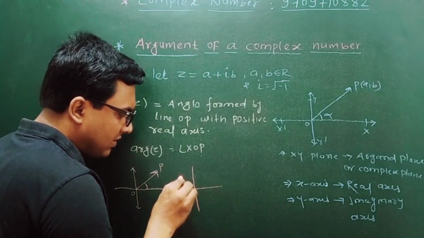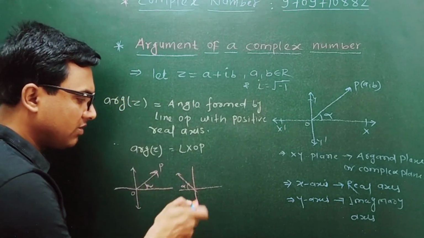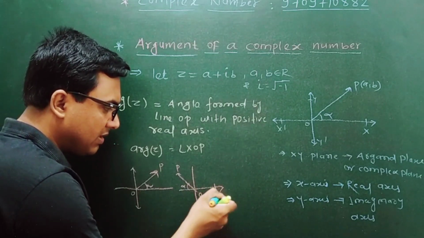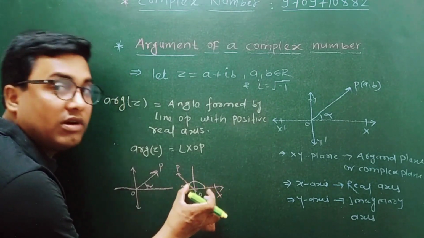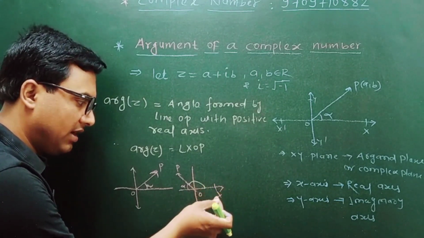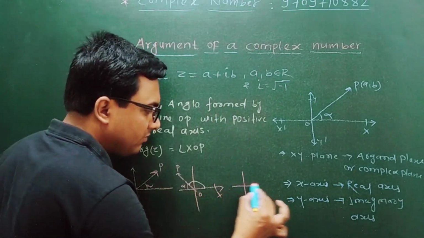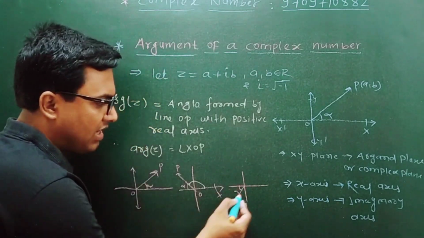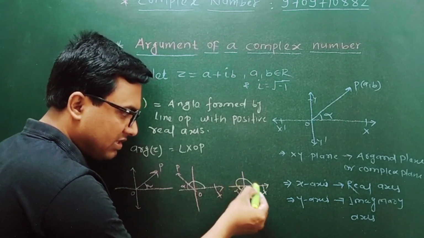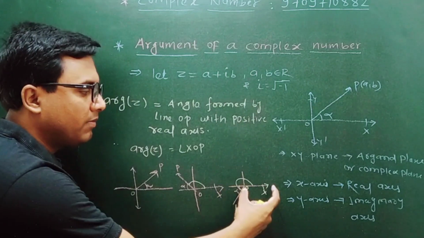In second quadrant, alpha is here, but our argument is XOP, because line OP makes angle XOP with the positive x-axis.